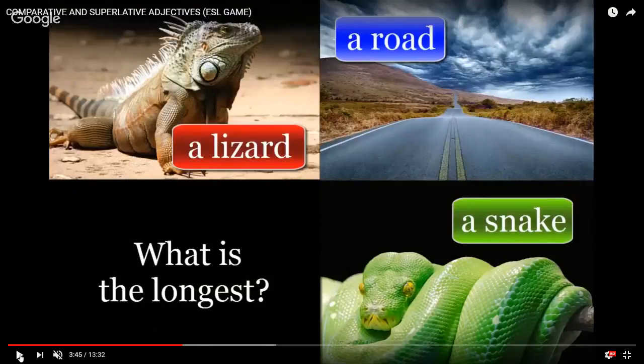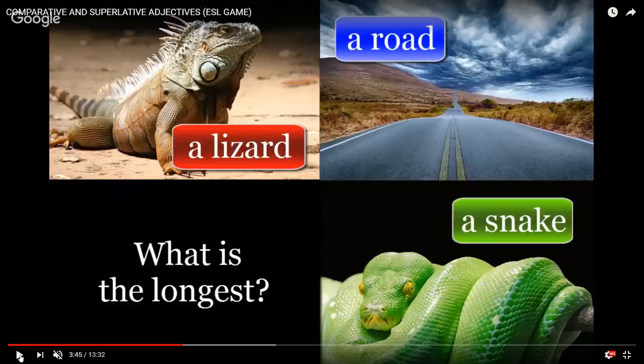Okay, next one. A lizard, a road, and a snake. What is the longest? Basic. A lizard, okay? A lizard is long. Yes. Comparative? Longer. A snake.